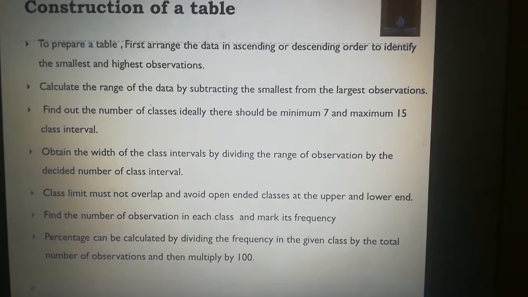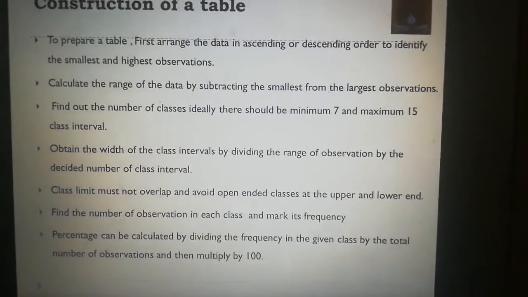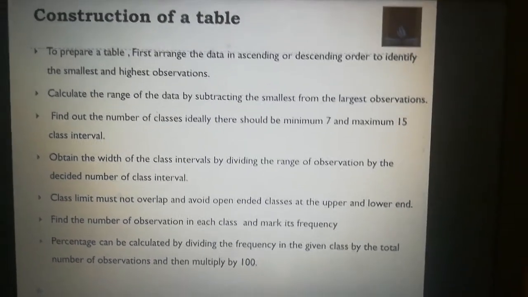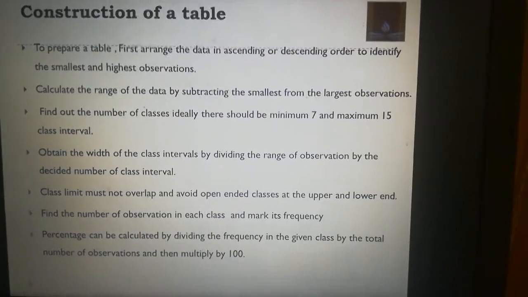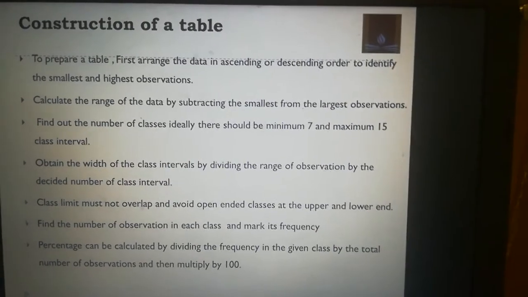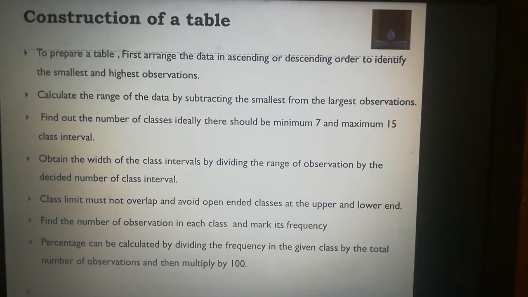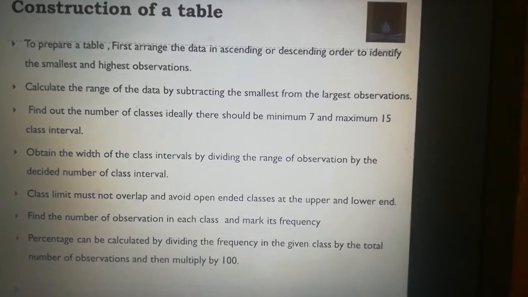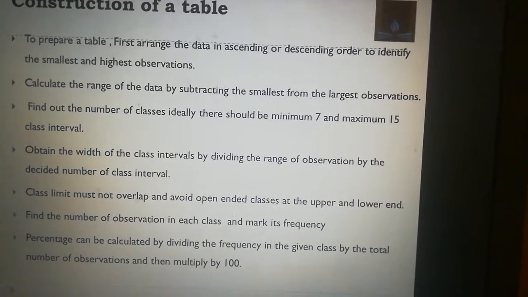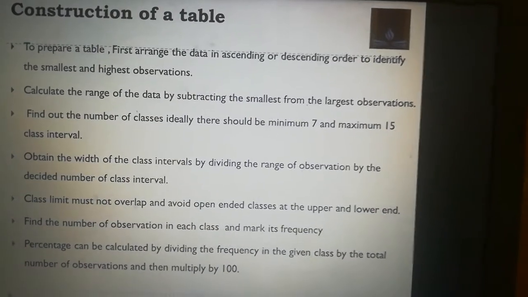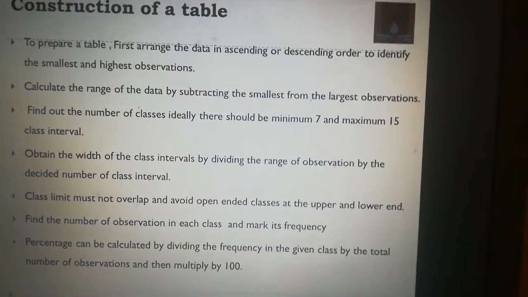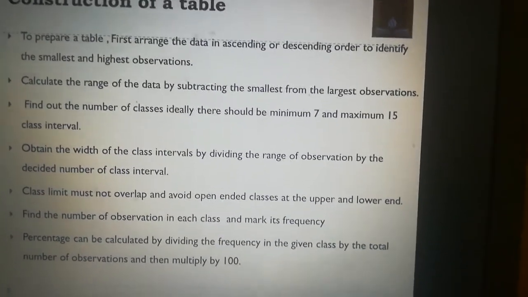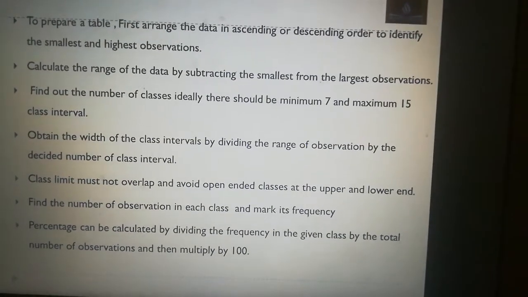So these are the certain points you need to keep in mind while constructing a table. First, arrange the data in either ascending or descending order. Find out the smallest and the highest value, and then identify or calculate the range. Keep in mind how many class intervals you need for this particular table.